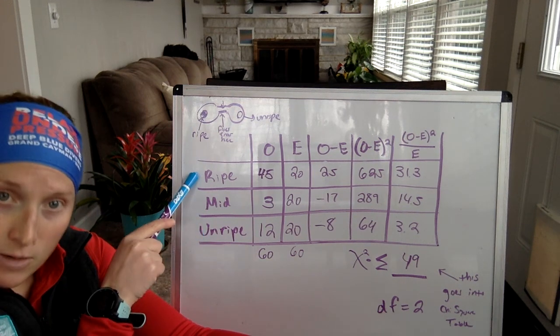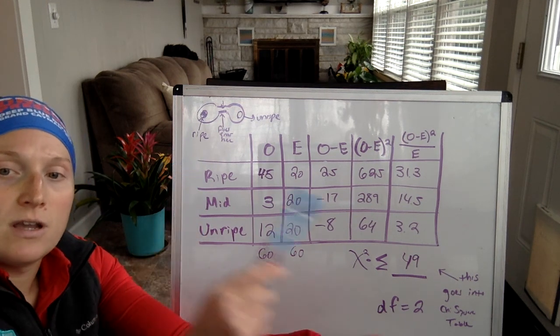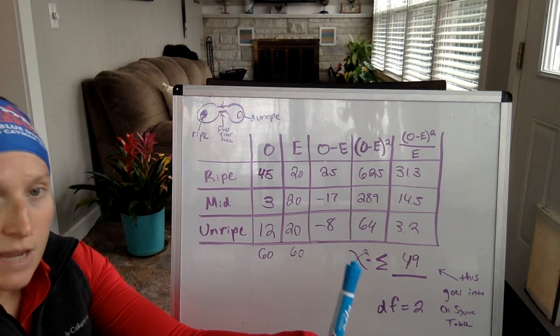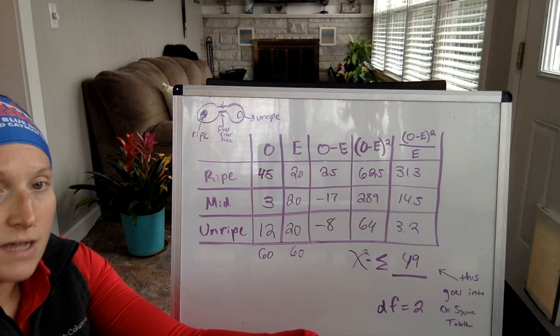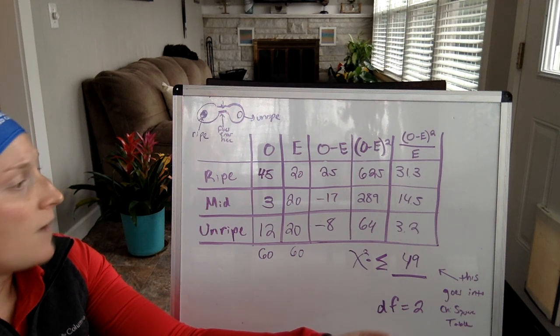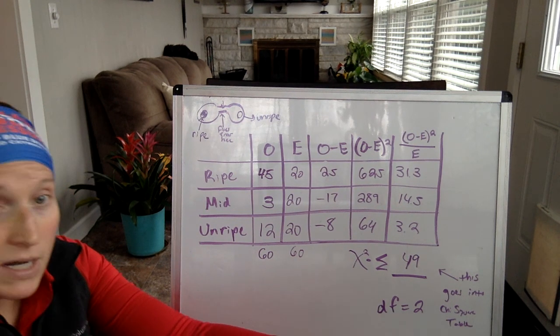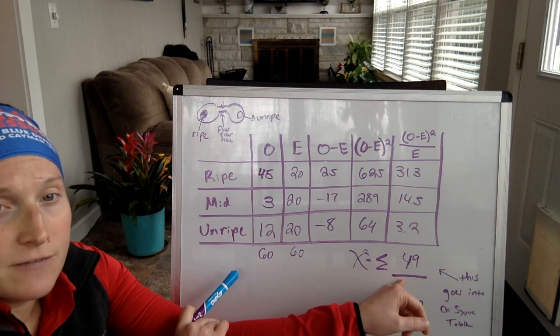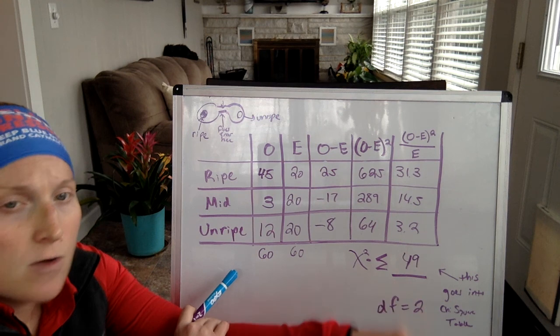We have 3 categories here, so we're going to have a degree of freedom of 2. You should have printed one off, but I didn't. You find where 49 is under degrees of freedom of 2 in that row.